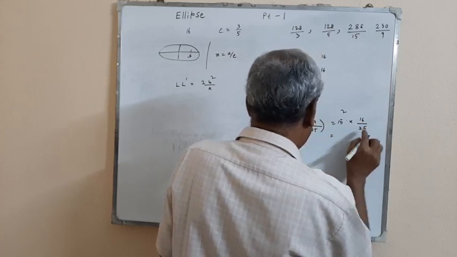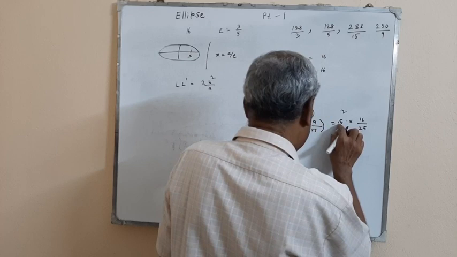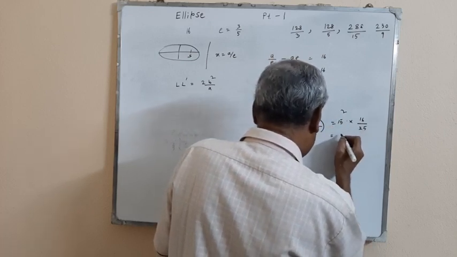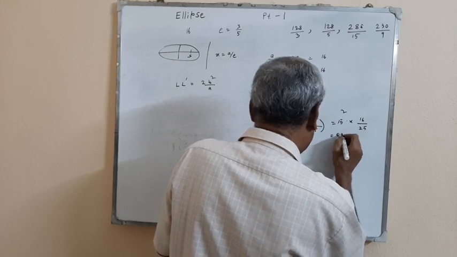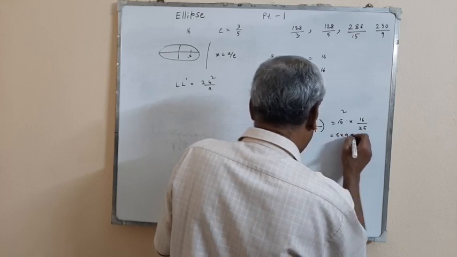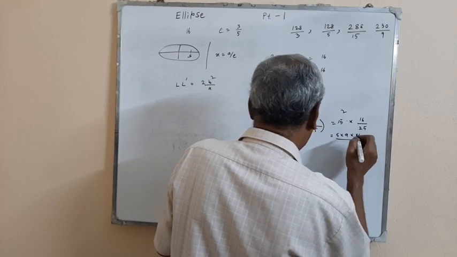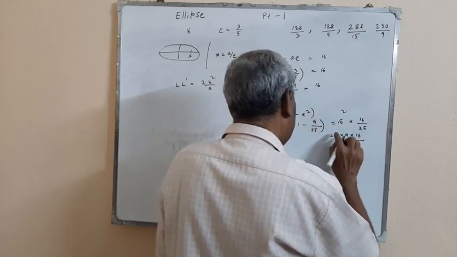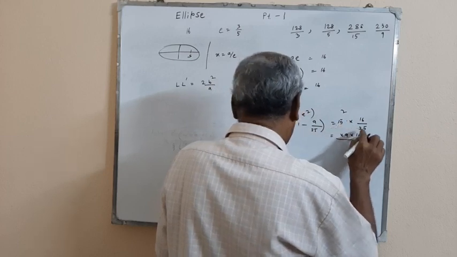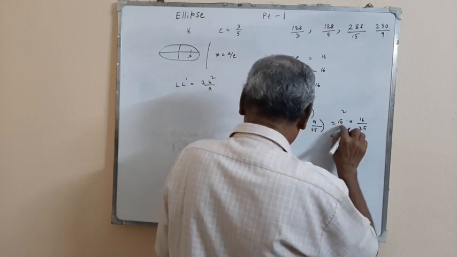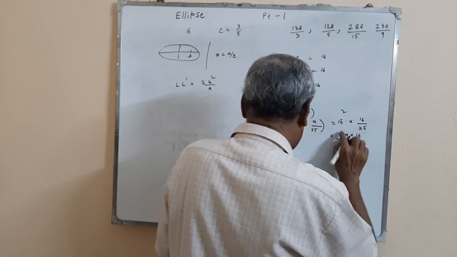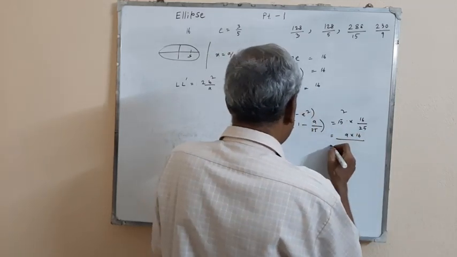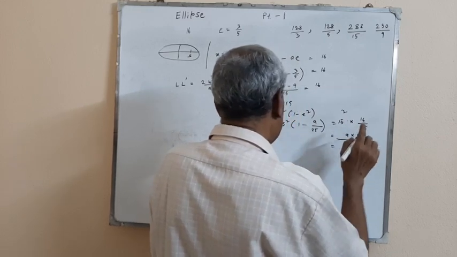So 5 can be cancelled from there. 5 into 9 into 16 divided by 25, cancelling 25 as 5 into 5. I think the calculation is all right.